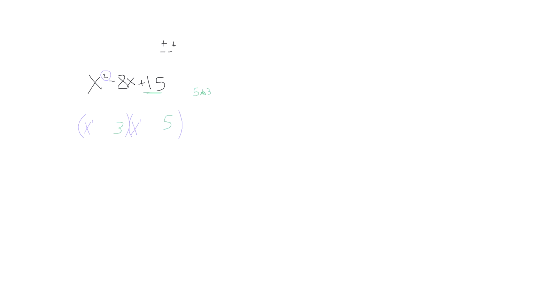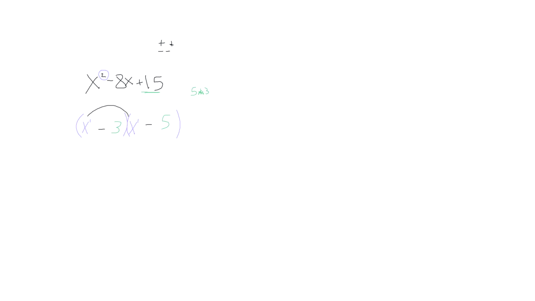So while I keep that in mind, I'm looking at the first sign, and I know that I need them to add up to give me a -8. So do I want to go with a plus and a plus and hope that somehow it adds up to -8? Or do I want to go with a minus and a minus? I want to go with the minus and the minus so that when I add my middle terms, it gives me a negative number.